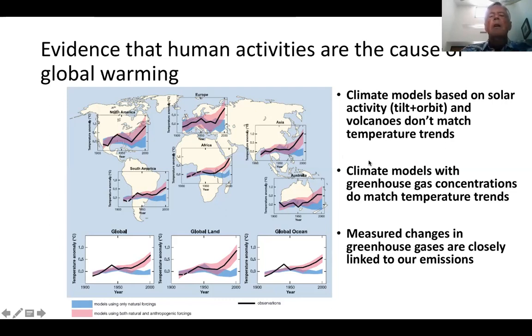So what the scientists in the IPCC have done is what they call a fingerprinting analysis. They have taken all of what they know about atmospheric science and about the physics of the Earth, independent of the anthropogenic contribution, and they have figured out what the patterns of change ought to be given those data.